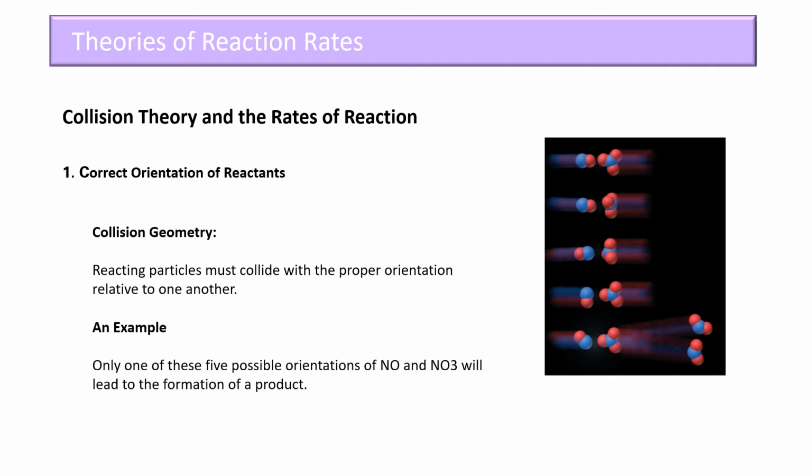Given this diagram, collision geometry means the reacting particles must collide with the proper orientation relative to one another. Only one of these five possible orientations of NO and NO3 will lead to the formation of the product, and that would be the bottom one. Take a moment, see if you can see the difference in the orientation.